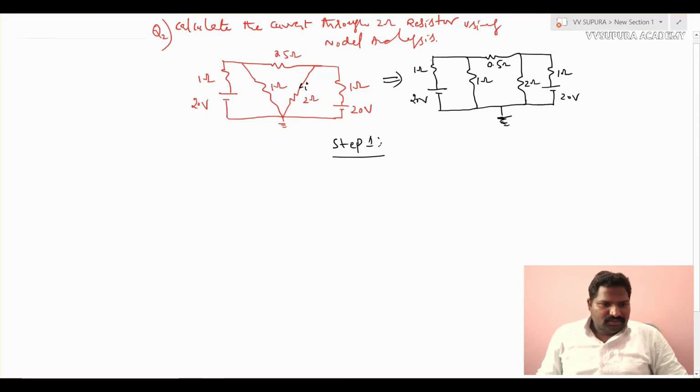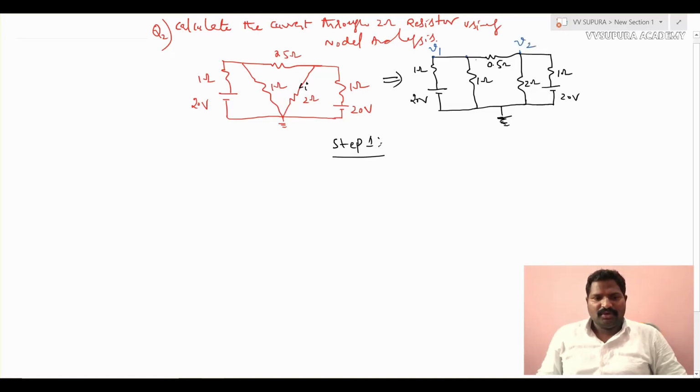These two are connected here, this branch is also connected here, that will be node 1, with voltage V1. This 1 ohm is also connected here, so here it is also node 1. Why? Because it's just a wire, so I can take it as a single node. So this point also has node voltage V1, and this point is V2.